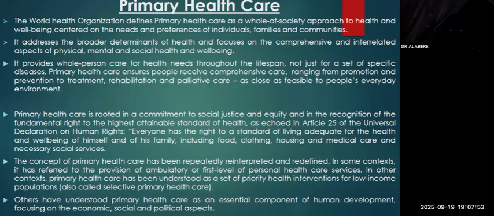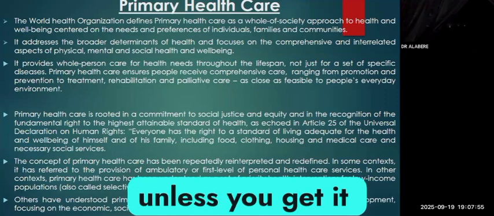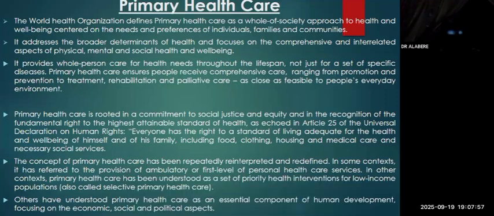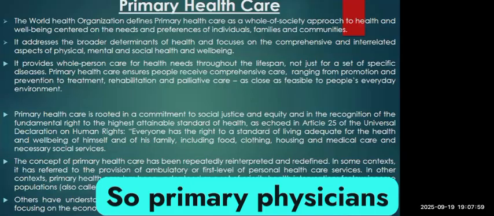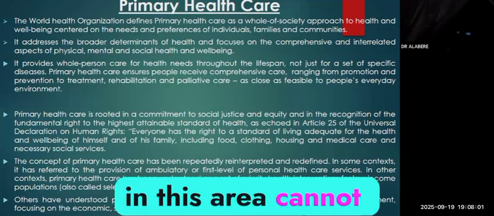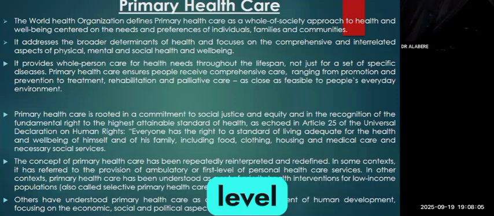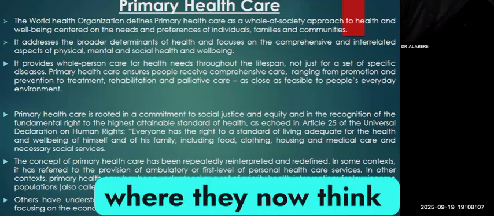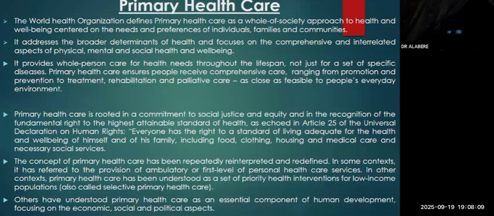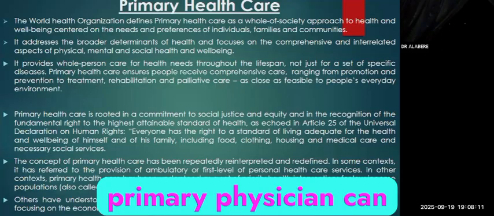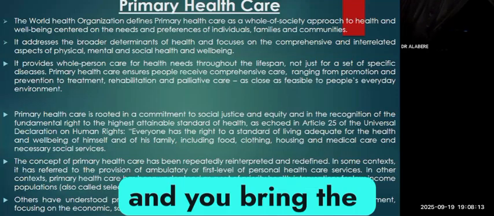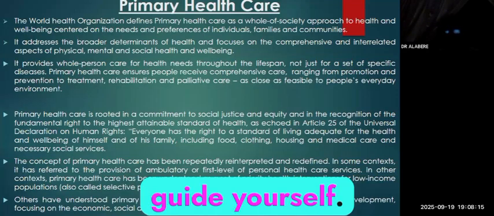So here, you cannot get it unless you go through tertiary. Primary physicians in this area cannot order for such. They would rather refer you to a higher level where they think those things can be obtained. But in Europe, a primary physician can send you for a CT scan and you bring the result and use it to guide yourself.